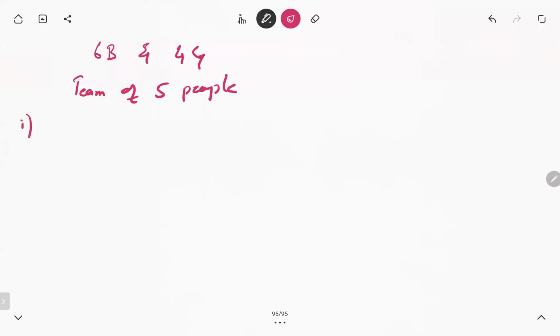So we have to choose a team. Repeating, we have to choose a team of 5 people.